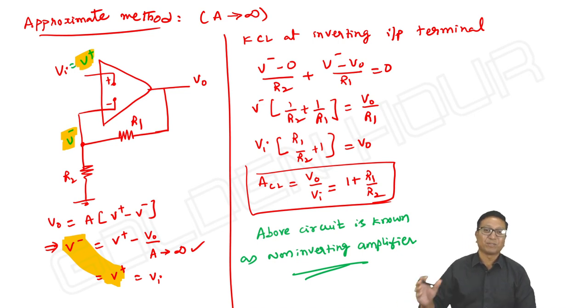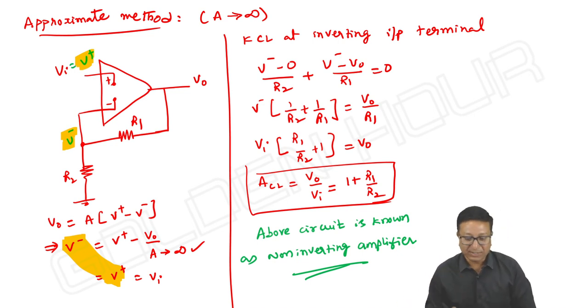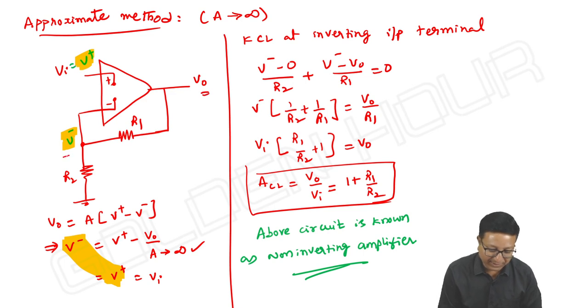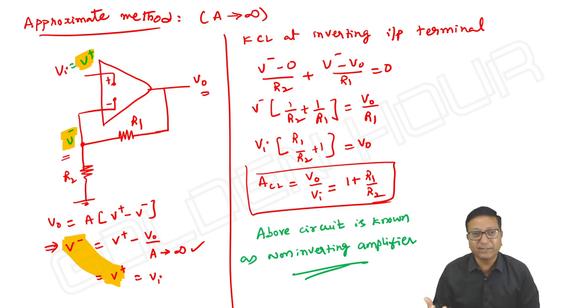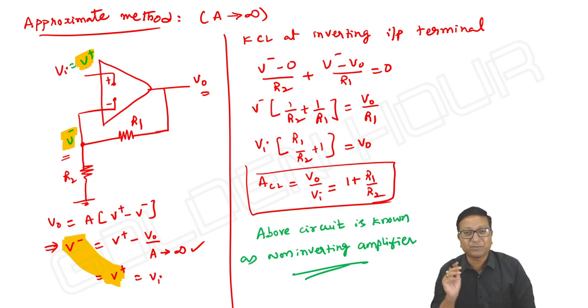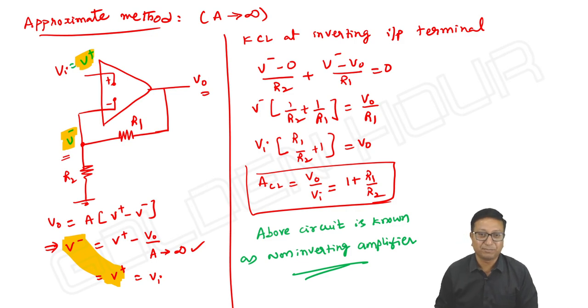So the output and the voltage at the inverting terminal are neither increasing nor decreasing; they are settling at certain values. The voltage at the inverting terminal settles at the voltage at the non-inverting terminal, and the output settles at a value given by 1 plus R1 by R2 into the voltage at the non-inverting terminal. In this example, it is Vi. That's it.